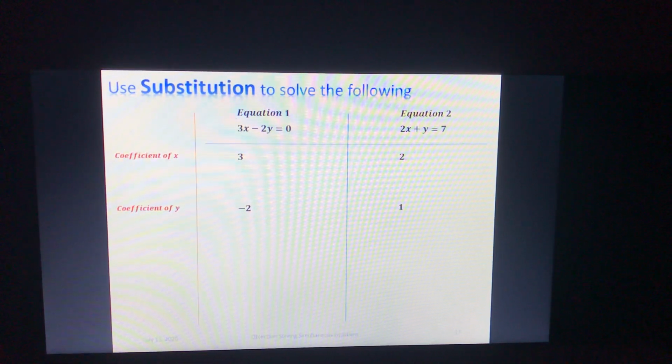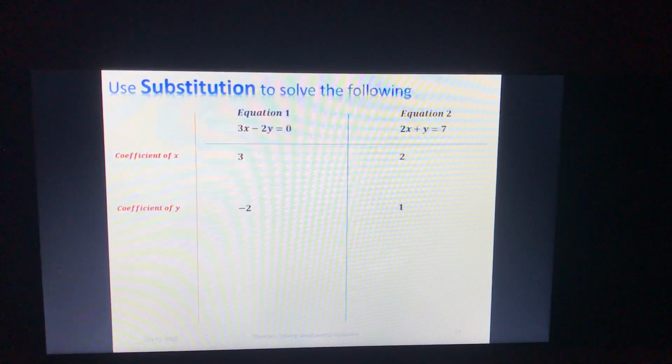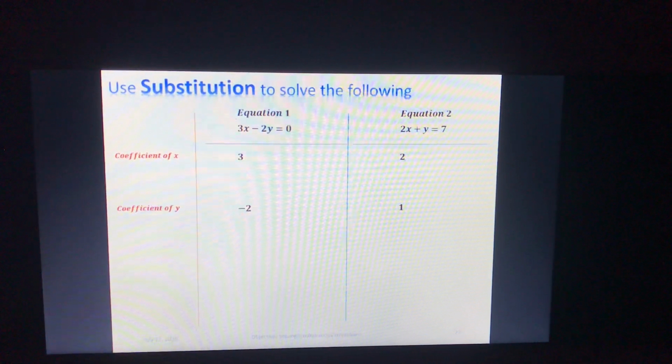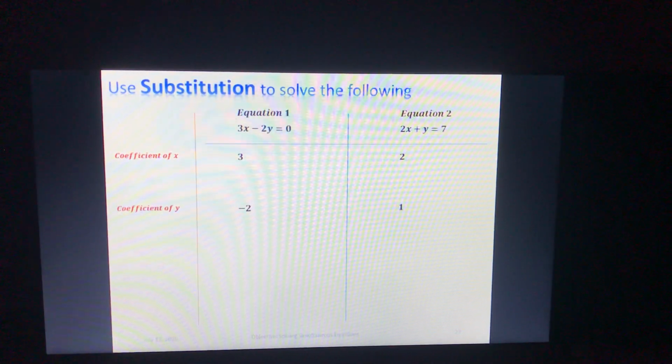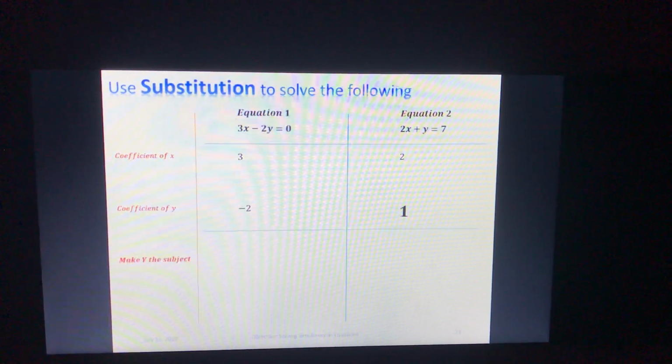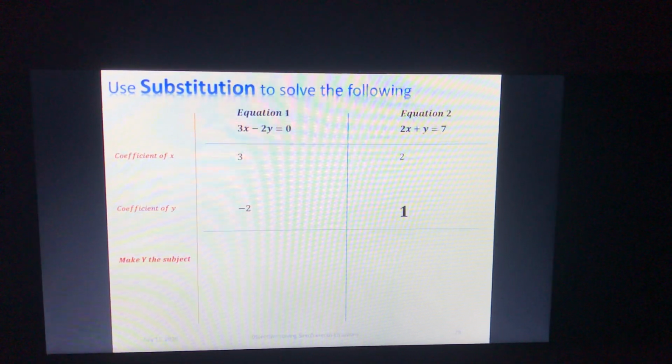Now, since in the second equation y has a coefficient of 1, it would be easier for me to rewrite the second equation in terms of y, meaning I'm going to make y the subject. How do we make y the subject?